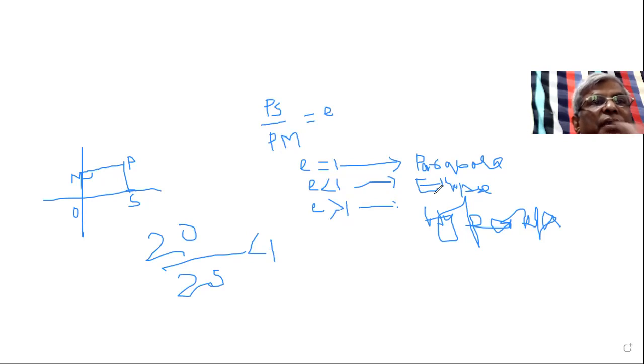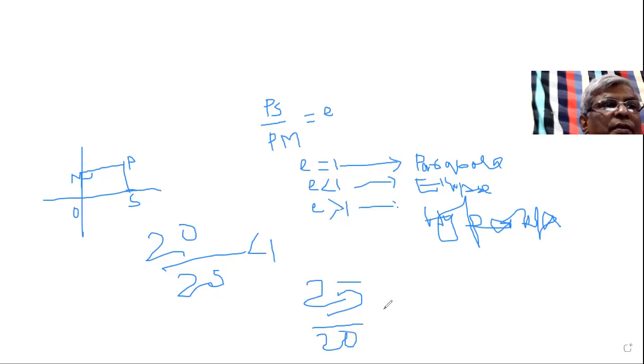The shape of an egg and the shape of the earth are elliptical geometrically. And if e is greater than 1, suppose you reverse the magnitudes, taking PM equal to 25 and PS equal to 20, then you have 25 upon 20, which is greater than 1.